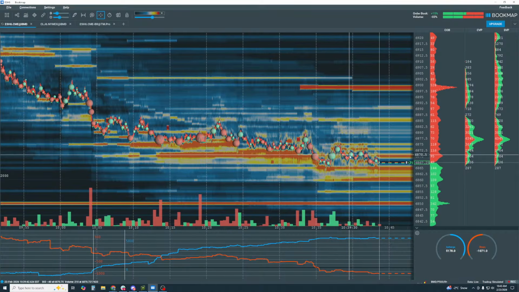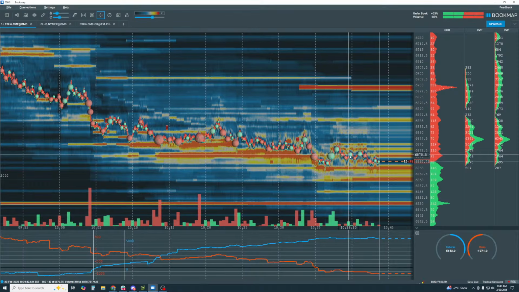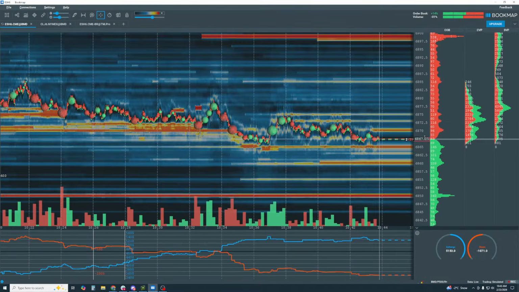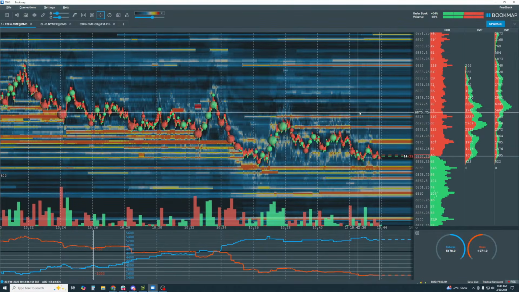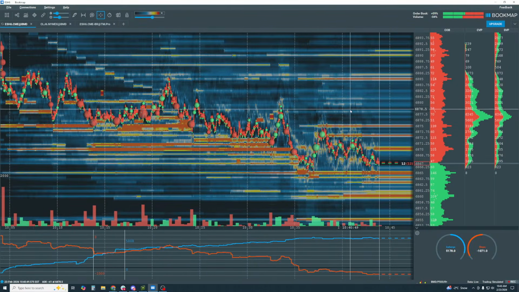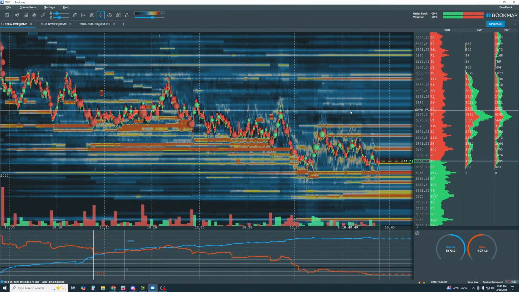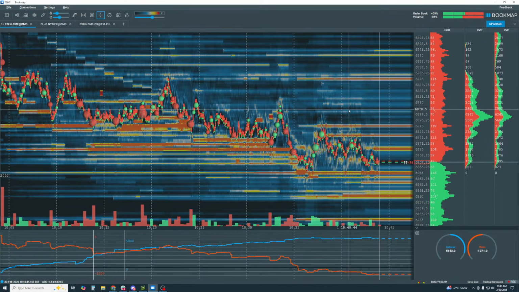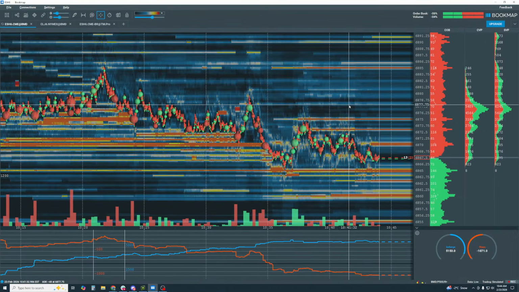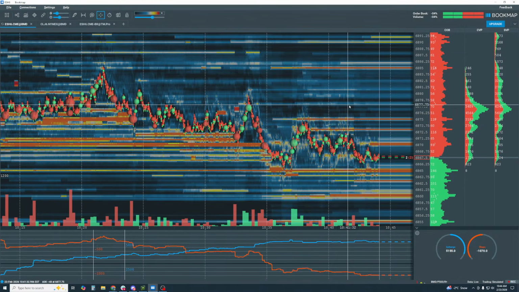There are all sorts of other players involved in the cash open after that initial drive. Typically around 11:30 East Coast time, you get into the lunchtime hours after these big moves or swings in the morning.